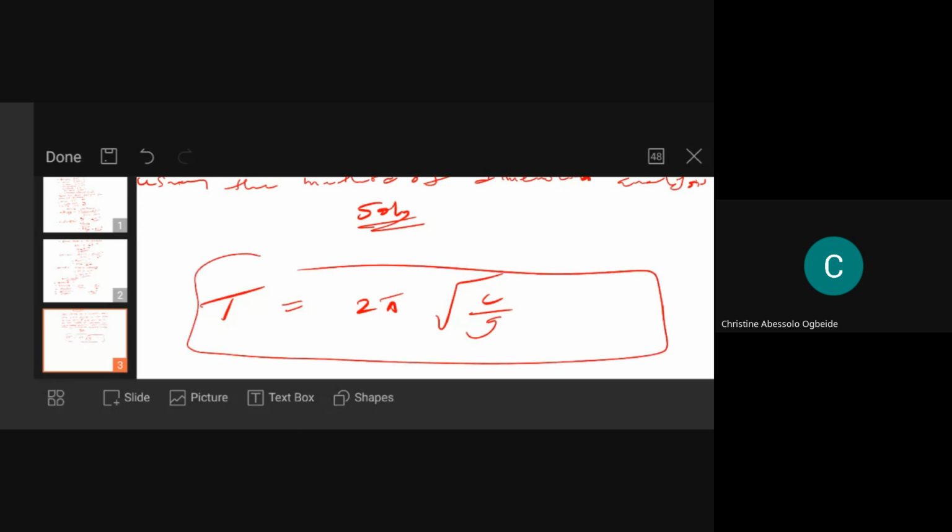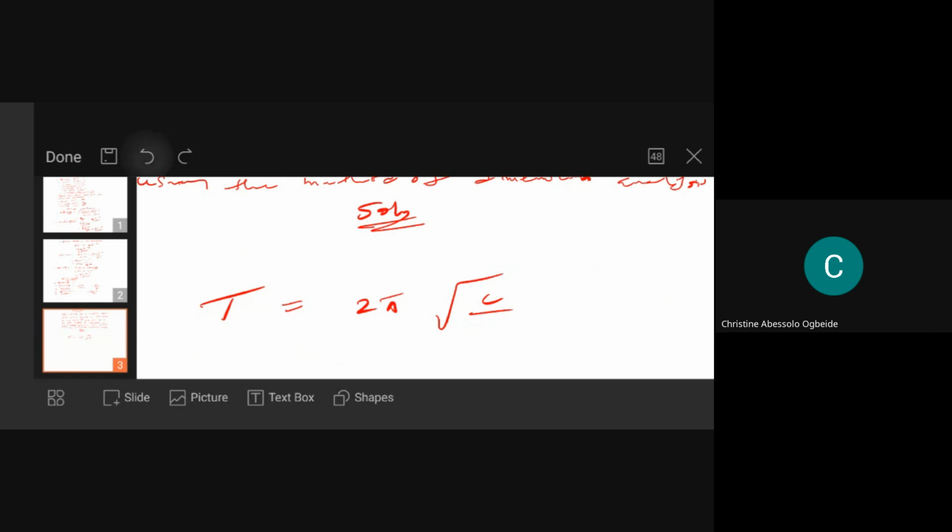So if I say that the period of a particle undergoing simple harmonic motion depends on the length L and the acceleration due to gravity g, and I ask you to derive this equation, you should be able to derive it. Maybe we'll do that in the next question. But before that, let's do the one we have been given already.